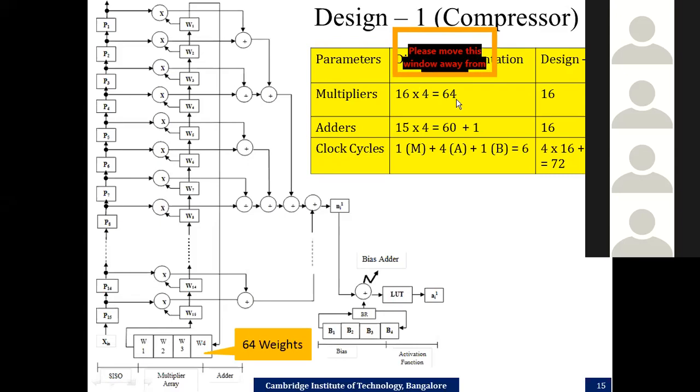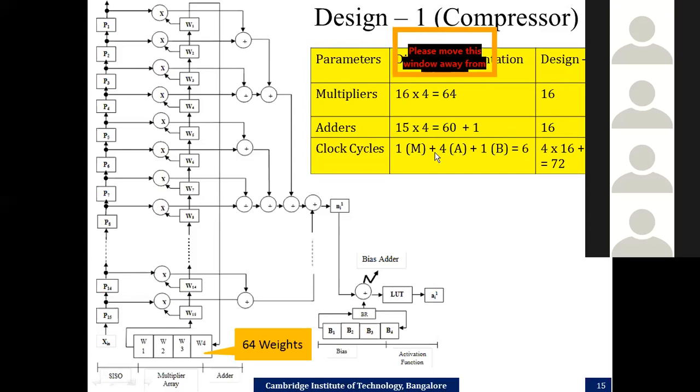Reducing multipliers is always a better approach for hardware implementation because multipliers occupy a lot of space and also consume a lot of power. Similarly, the number of adders required would be 60 plus 1 because there are 4 neurons, but we can have only 16 adders. So both multipliers and adders are reduced in this case.